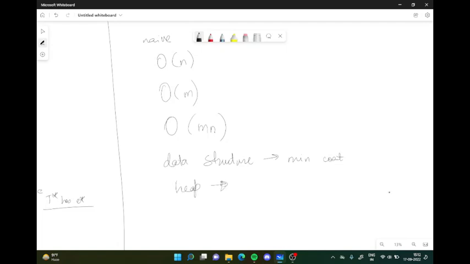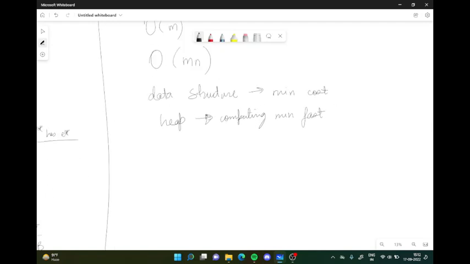Heap exists only for computing the minimum fast, for repeated minimum computations. So instead of going through each and every edge in a brute force manner, we are going to maintain, for example, this is our particular frontier. For example, we have a graph. This is what we have encountered till now.